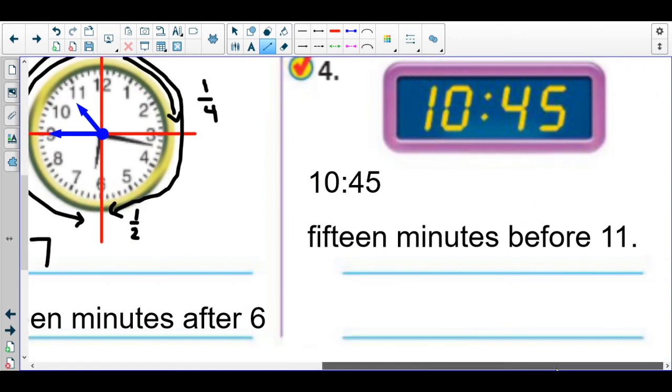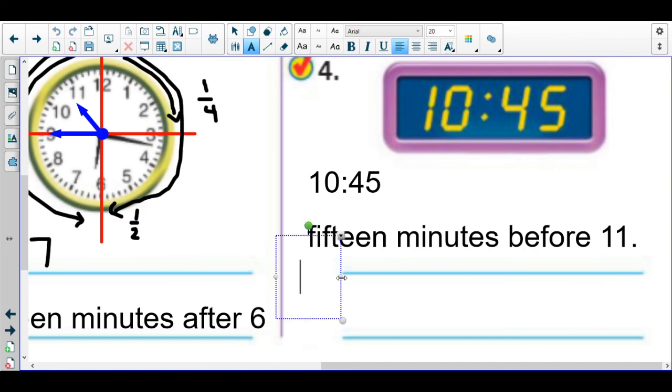So another fancy way, you might have heard your parents say this, is that it would be 1/4 till 11.